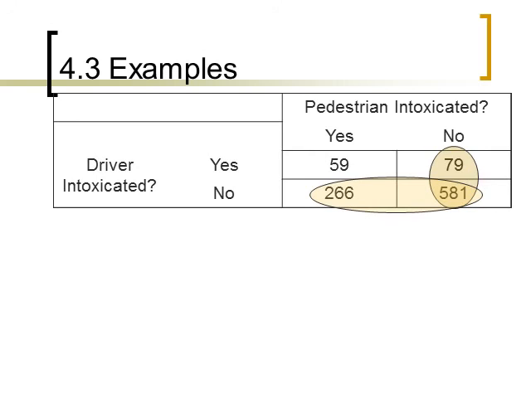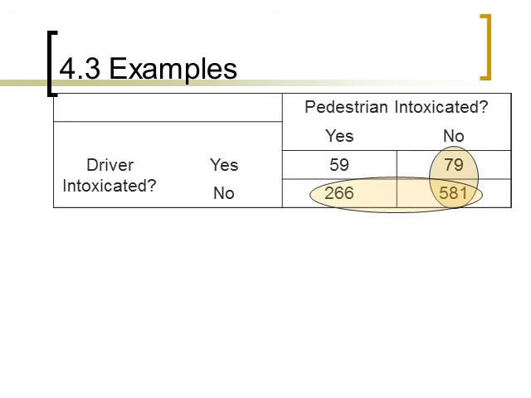And then up above we have, was the pedestrian intoxicated, yes or no? And so when we read across, the number 59 in that box corresponds to a yes and a yes, meaning that 59 deaths occurred when the driver was intoxicated and the pedestrian was intoxicated.